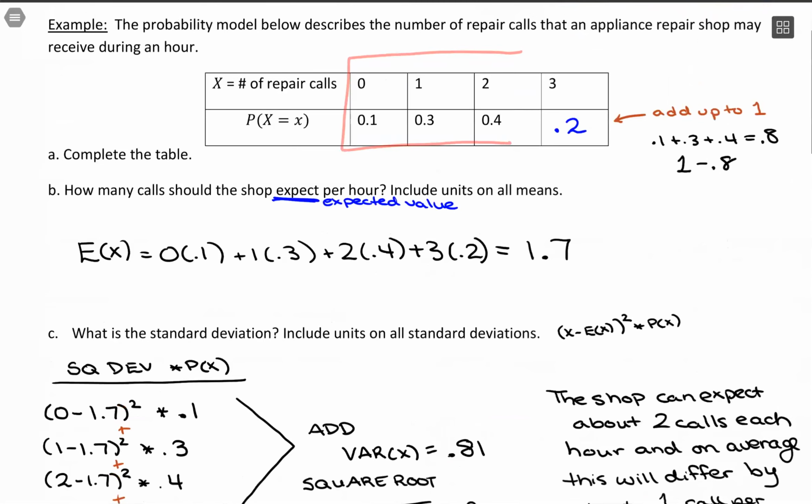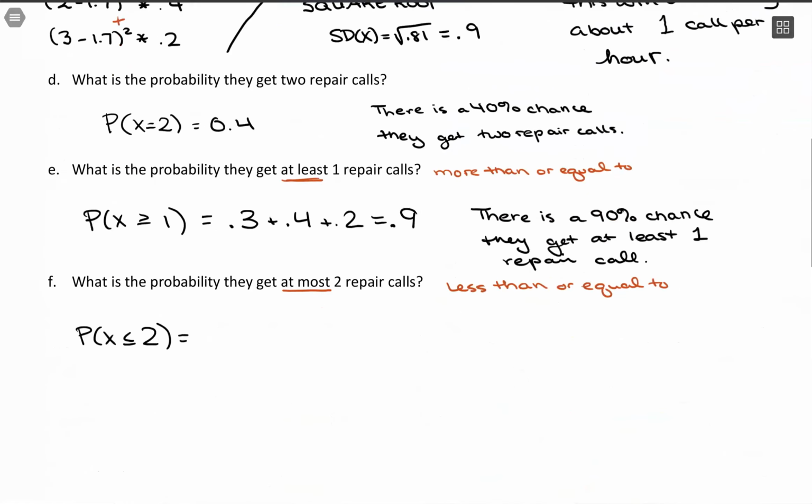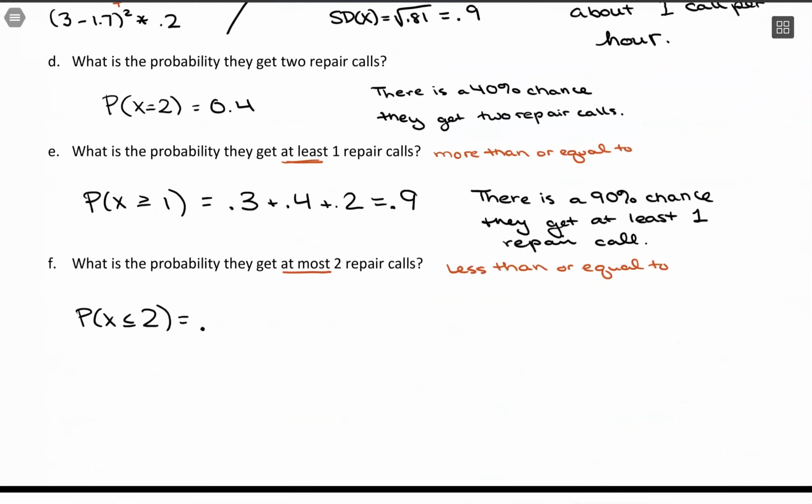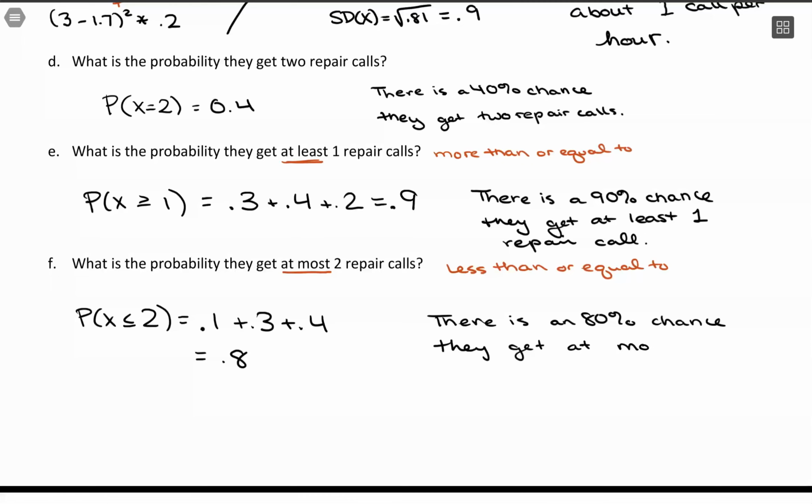So we want to add up those probabilities of 0.1, 0.3, and 0.4, which will be 0.8. So there is an 80% chance they get at most 2 repair calls.